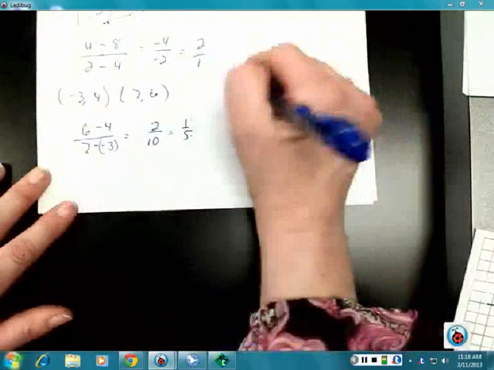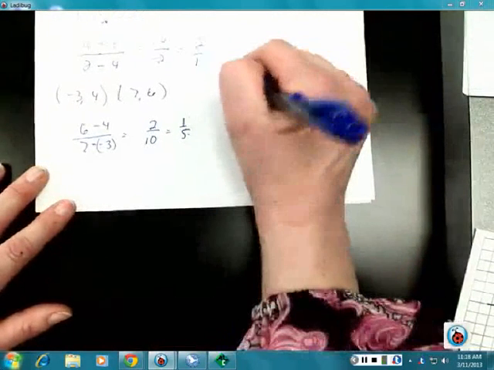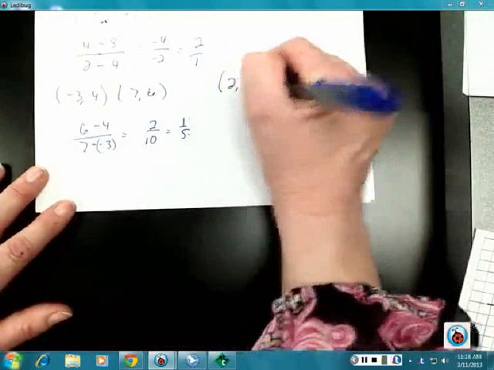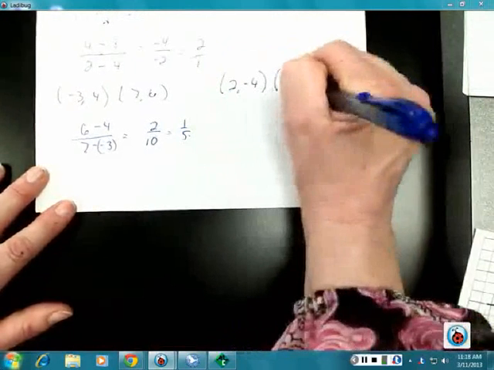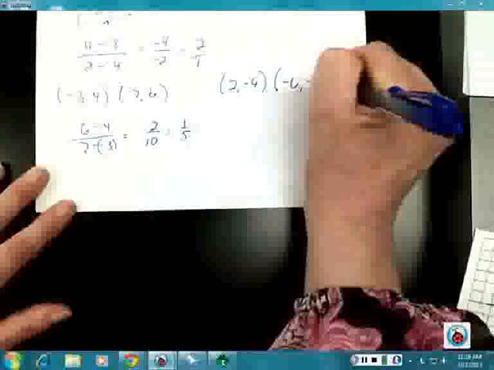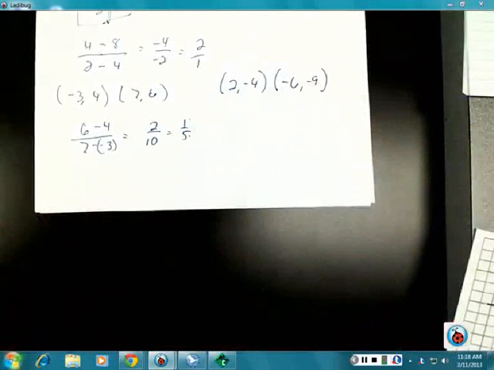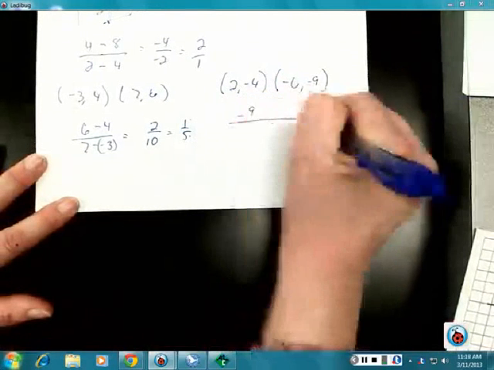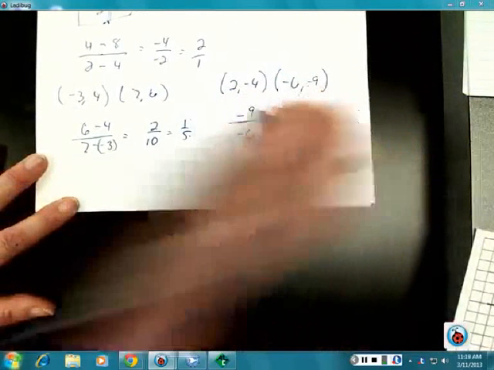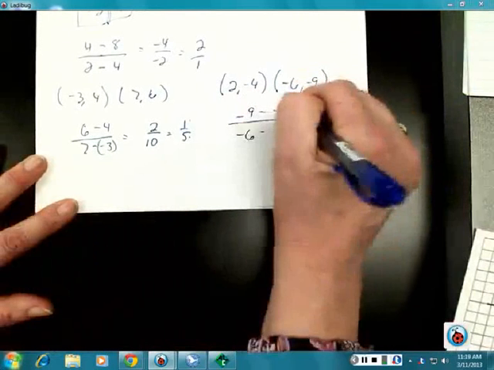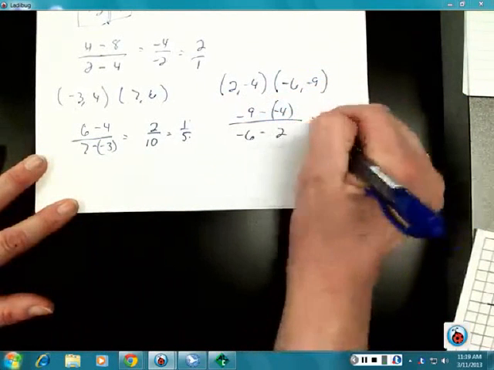How about this one? 2, negative 4, negative 6, negative 9. What's my slope? If I work that one out, negative 9 over negative 6 minus negative 4 over 2.